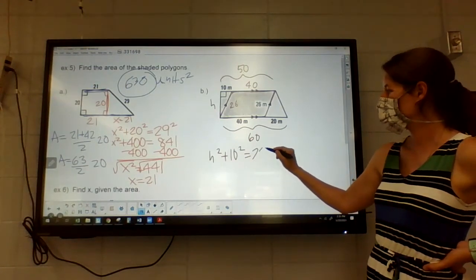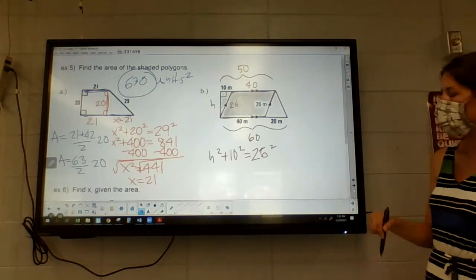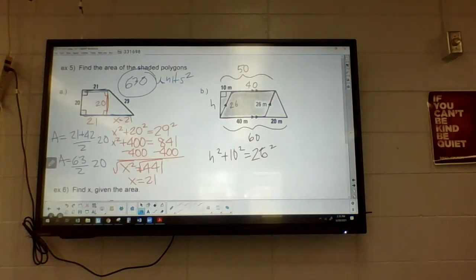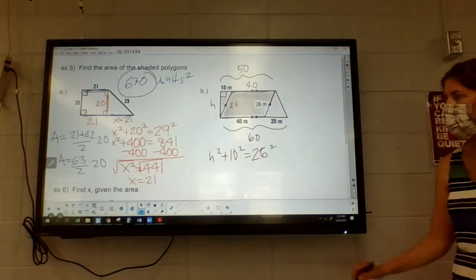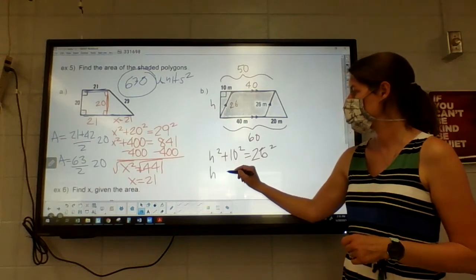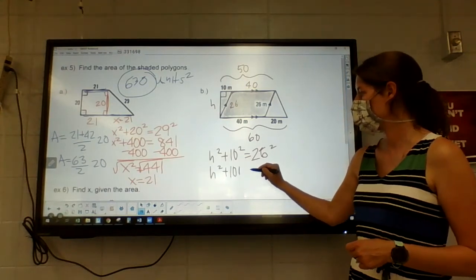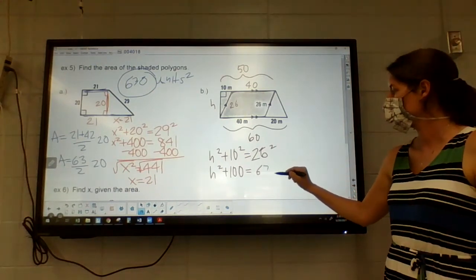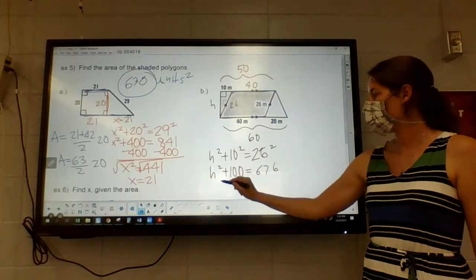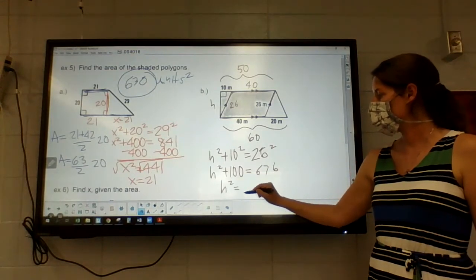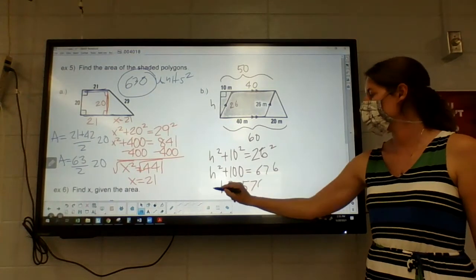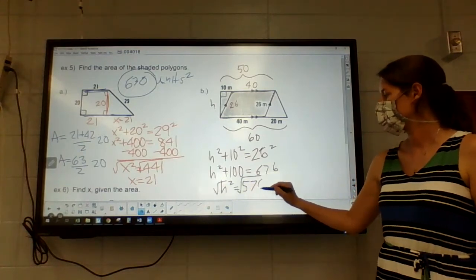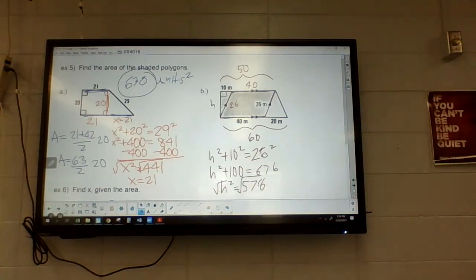Like I said, this is a good chapter to end with just because it reviews the Pythagorean theorem so much, and it's definitely something we need to know. I move that 100 over, I get 576, and I take the square root of that. And that ends up being 24 for my h.